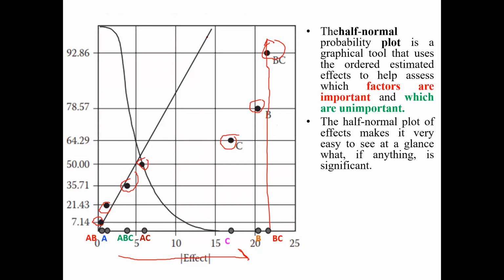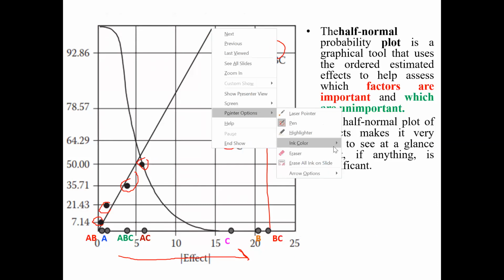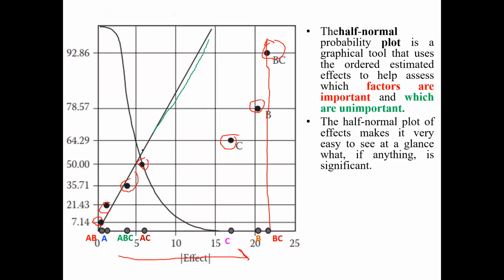Now try to plot a straight line, by trying to join as many factors as possible. Now, the factors which are not falling on this line are called significant factors.